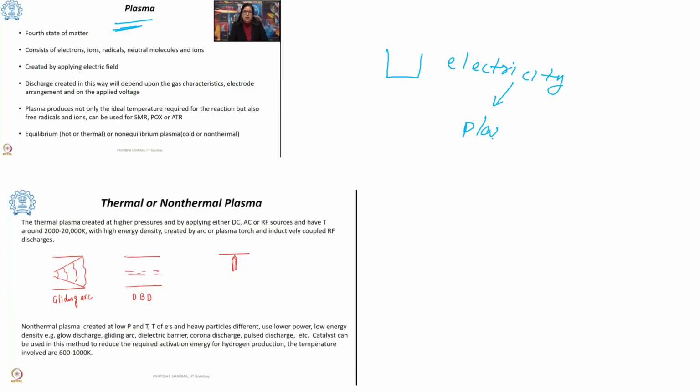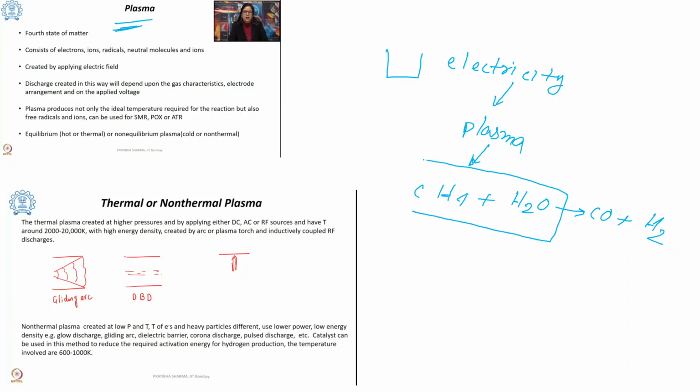If we make plasma in the reaction CH4 plus water gas, what will happen? This plasma will assist, or help, in the generation of hydrogen. In the generation, the kinetics will be high, favorable kinetics.